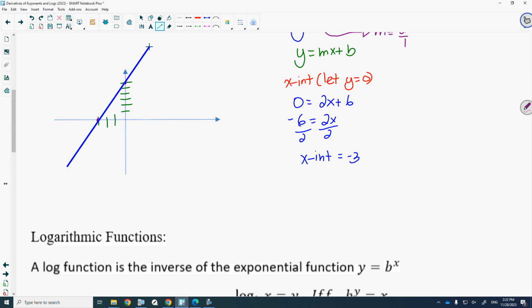So the graph of the original linear function will look like this. And I'm going to write it in function notation. So I will say f of x is equal to 2x plus 6.